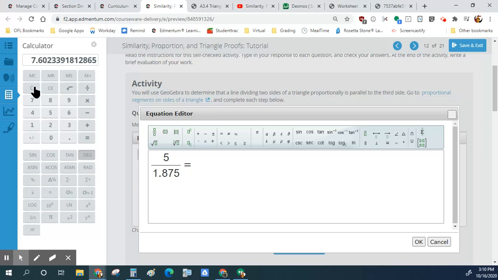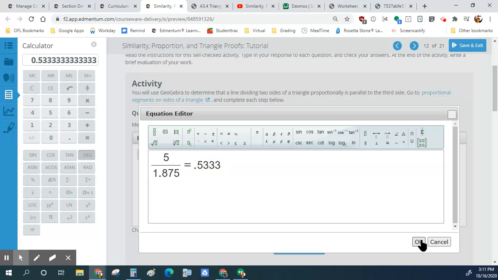And now I'm going to do 5 divided by 1.8. Really, the backspace doesn't work. Calculator. We get about 0.533. So I'm doing the big divided by the small.